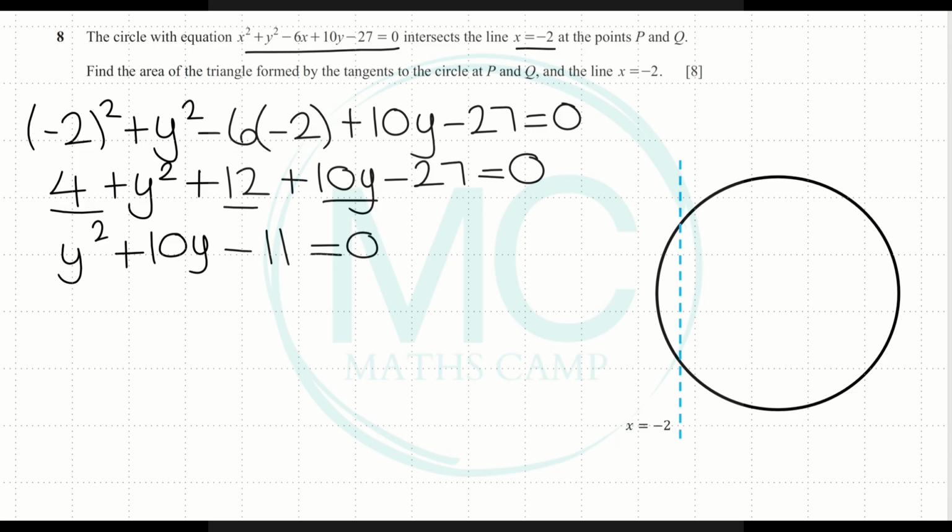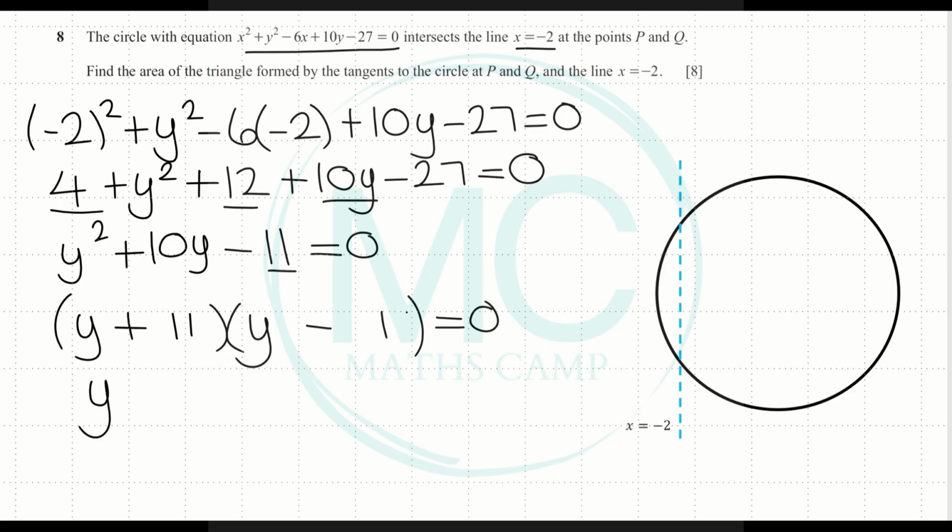The value of y will give us the y coordinates of P and Q. So to solve for y, let's factorize. We have two brackets with y. 11 only has two factors, 11 and 1. 10 is positive, which means we have y plus 11 and y minus 1, which is equal to 0, which means that y could be equal to negative 11, or y could be equal to 1.